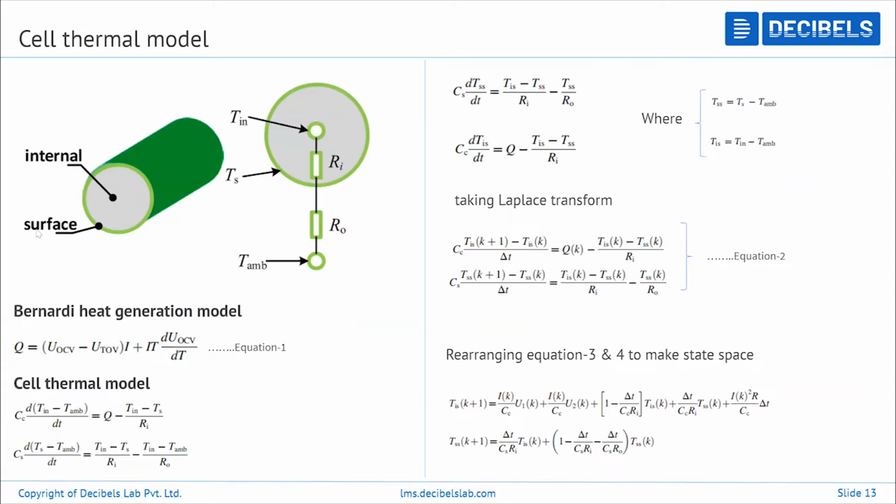So here is a cell thermal model. We have been using a Bernardi heat generation model. This is the basics of that thermal subject in engineering. Here we are again representing the thermal character of the cell through an electrical system.